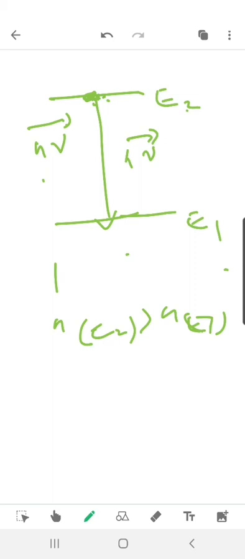For laser action to take place, the stimulated emission should be dominant over spontaneous emission, because if the number of electrons coming from E2 to E1 due to the spontaneous emission is large, then there will be very few electrons left for the stimulated emission, and due to this a very small light will be generated.